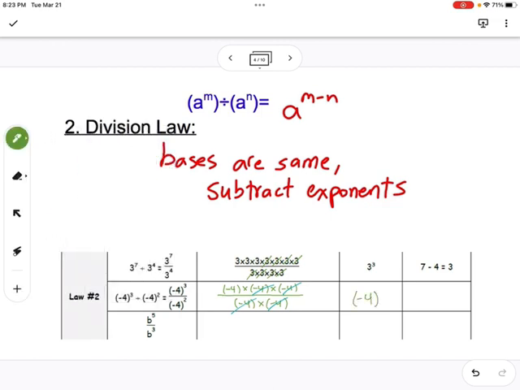So -4 to the exponent 1, or just -4 is our answer. Looking, same bases, dividing, so we're subtracting the exponents, and that's 3 minus 2, which gives us the same answer of 1.